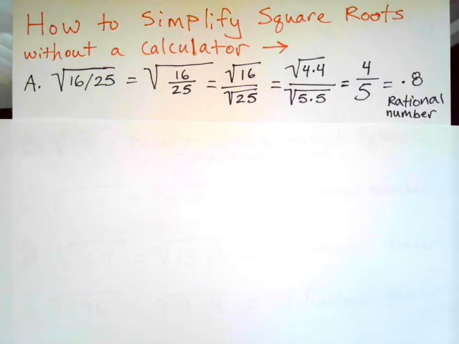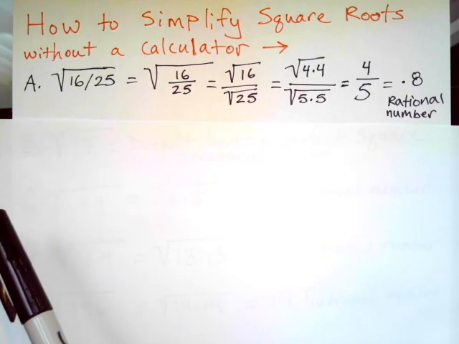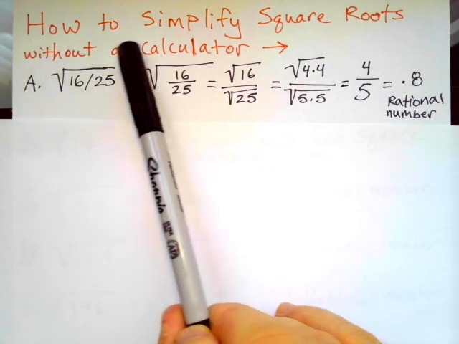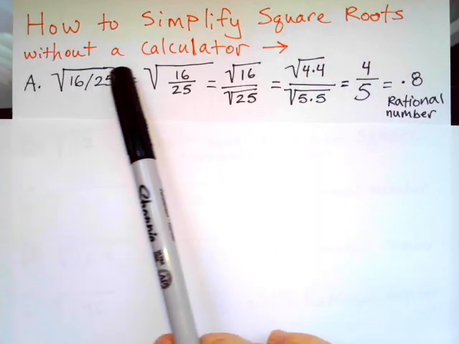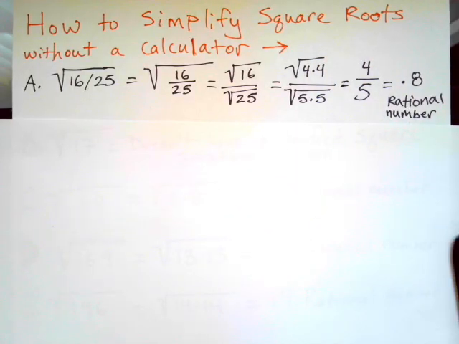In this part 2 video, I'd like to go over with you how to simplify square roots with a calculator. And I will be going over each option, A, B, C, D, and E, to the question, which of these is an irrational number, that I showed you earlier.